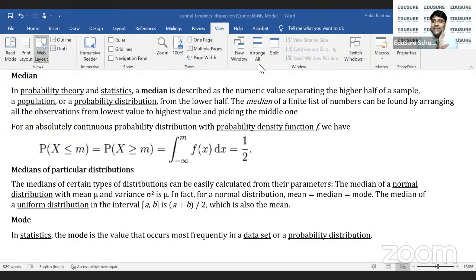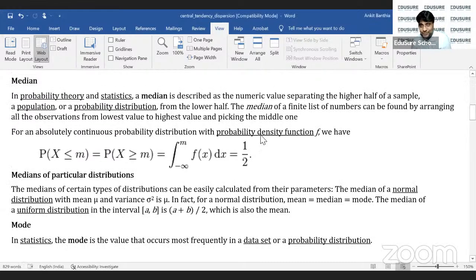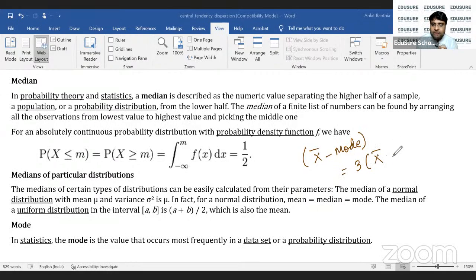So these are my three major measures of central tendency: mean, median and mode. Now what is the relationship between mean, median and mode? For a fairly good, well defined distribution, the relationship is as follows: arithmetic mean minus mode is equal to 3 times (arithmetic mean minus median).